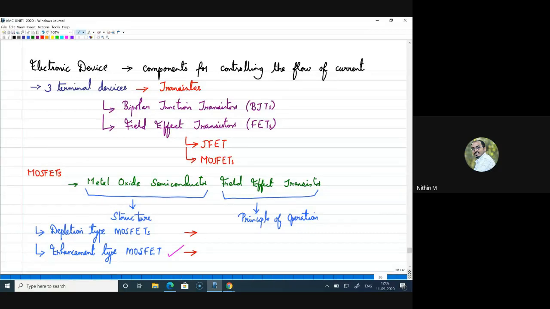Any one difference or the main difference? No responses. Is my audio and video lagging?